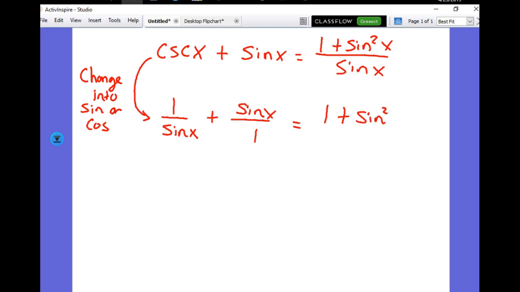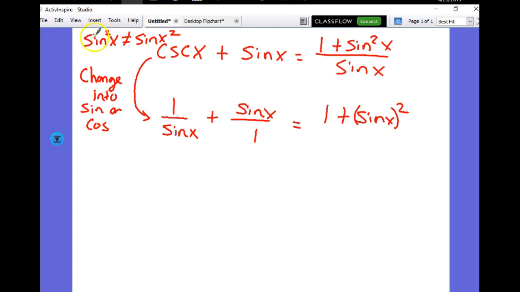But I did talk about this square means that you're taking the sine of x and you're squaring it. But what you don't want to do is you don't ever want to write it like this, sine of x. That is not the same thing as this. We talked about that yesterday.